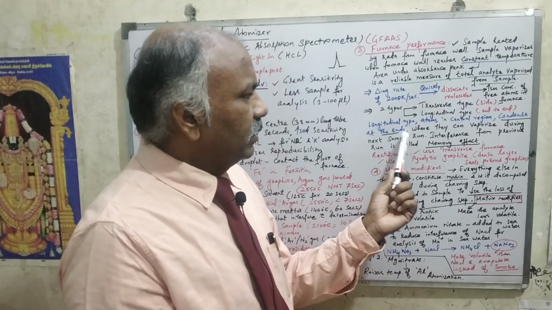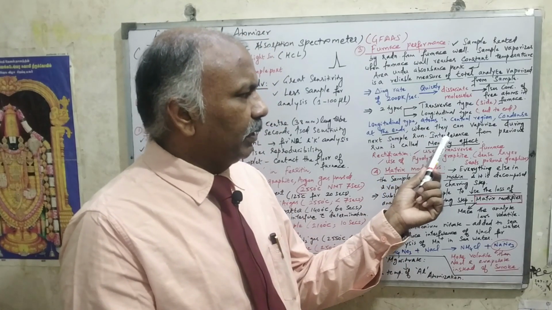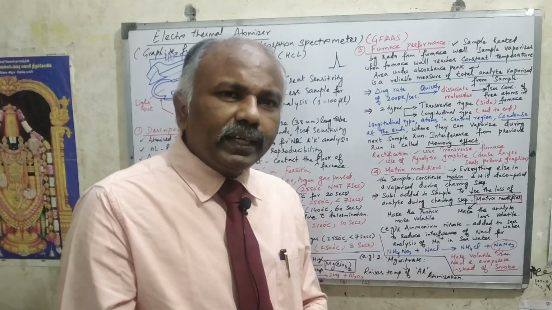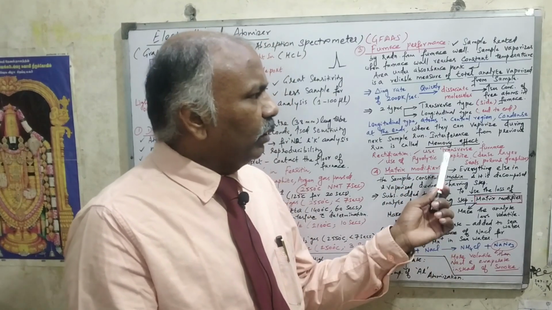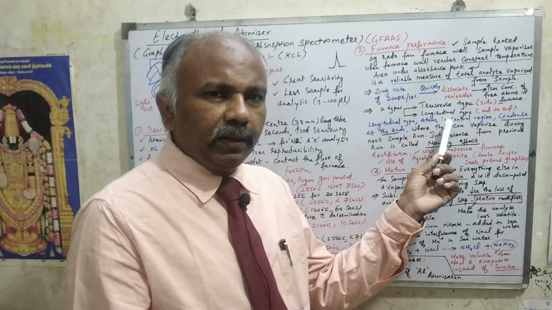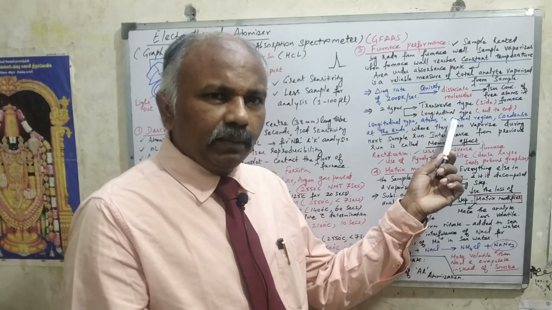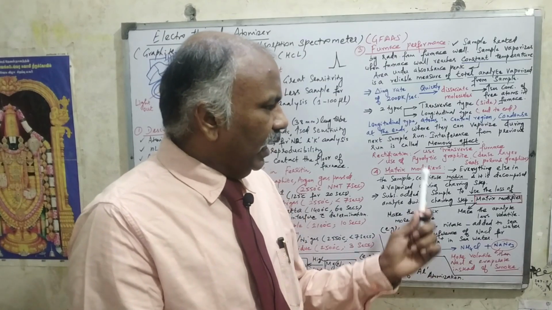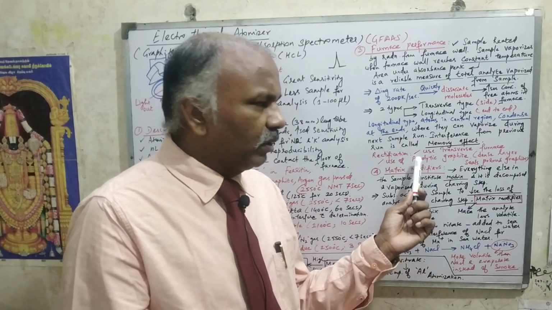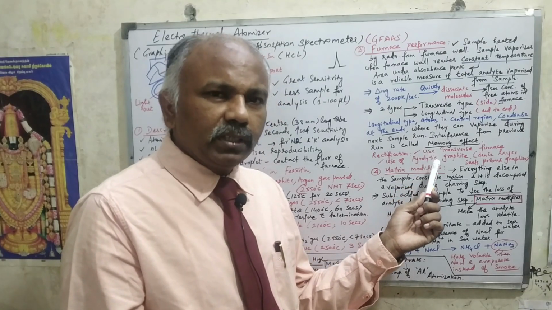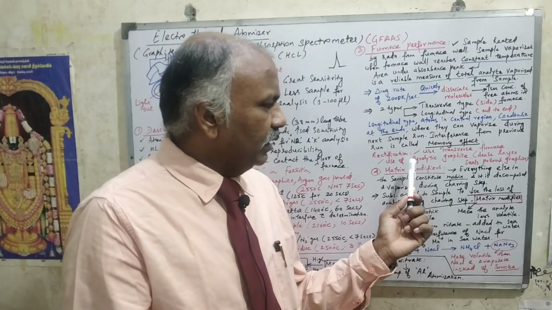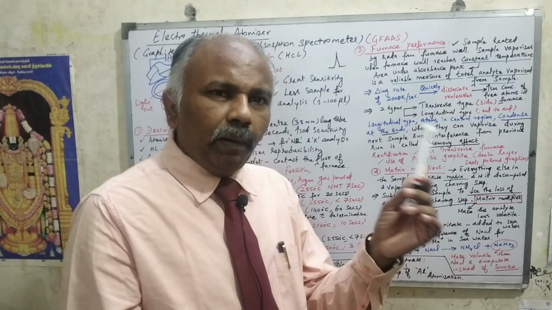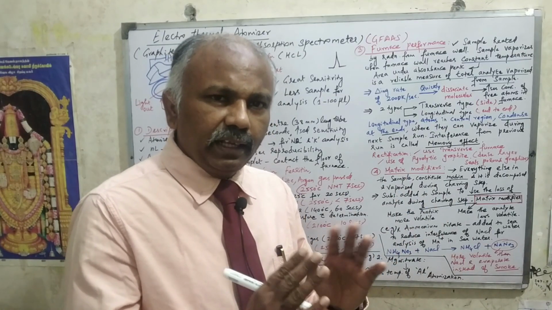Is it clear? Where they can vaporize during the next sample run, the interference from the previous run is called the memory effect, right? So how to rectify this memory effect? You can use the transverse type graphite furnace, because it is the best one as compared with the longitudinal type. The second important rectification, even if you use the longitudinal type of graphite furnace, is to use, instead of ordinary graphite, pyrolytic graphite, which has a dense layer of carbon.